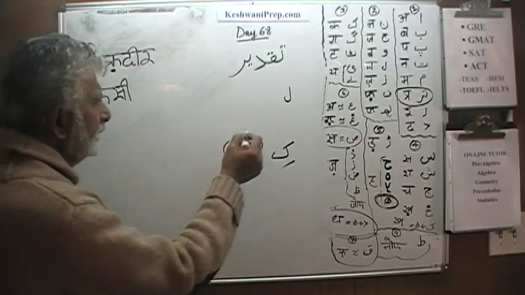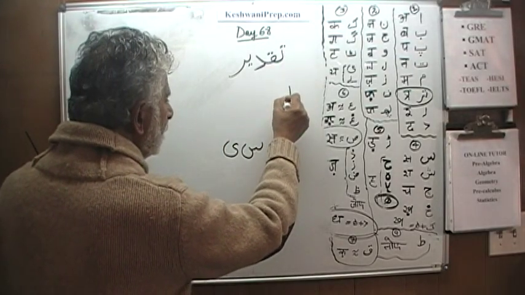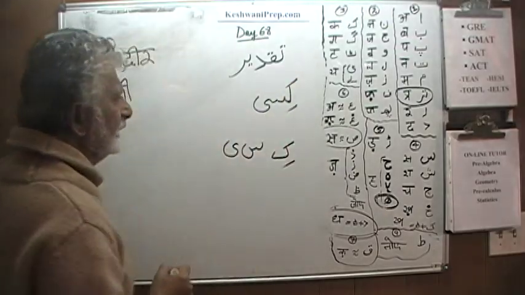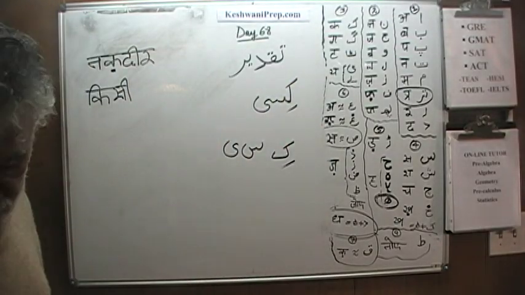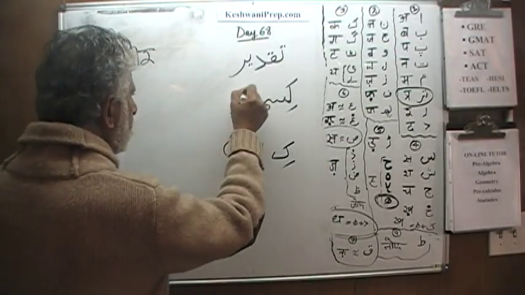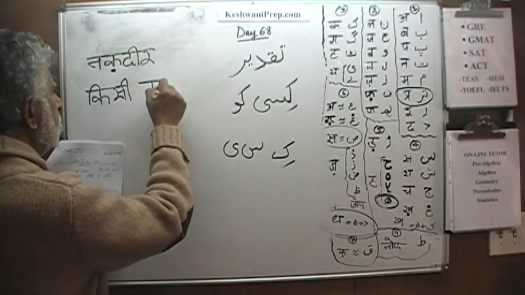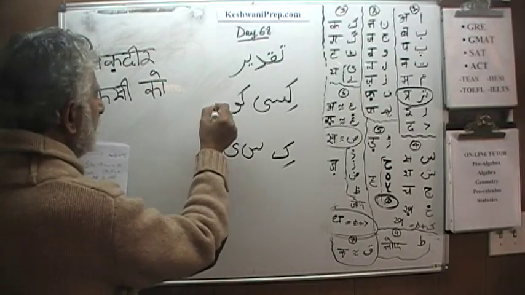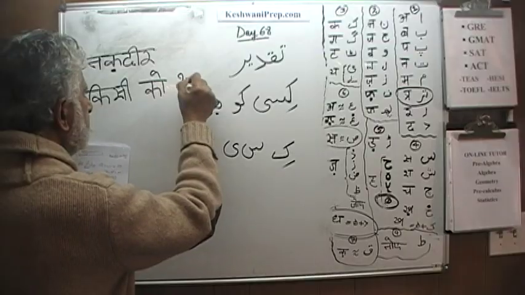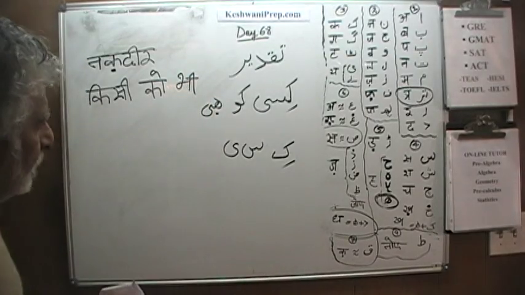Let's put it together. So here's a ka, and then a seen, and the badi hai kisi. Takdeer kisi ko bhi. Ko, bhi, bha, and a choti hai bhi.